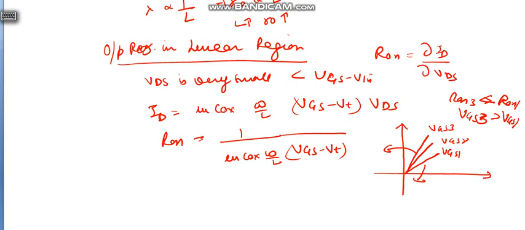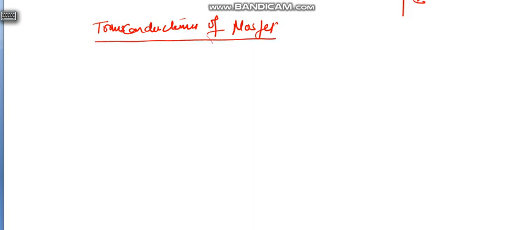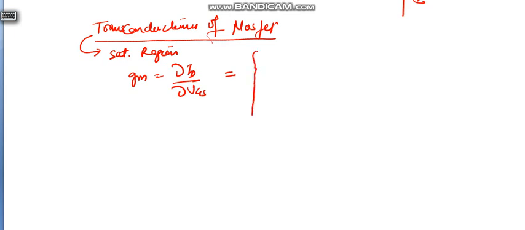Okay, now let's see the transconductance of the MOSFET. This parameter is mostly defined for the saturation region. In the saturation region, transconductance is defined as Gm equals del ID upon del VGS, which is given by three different equations.